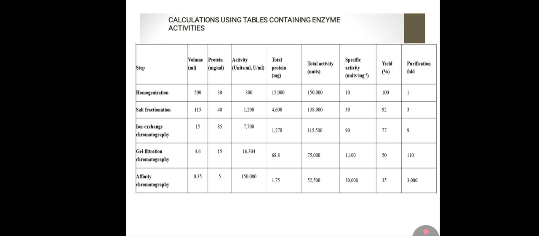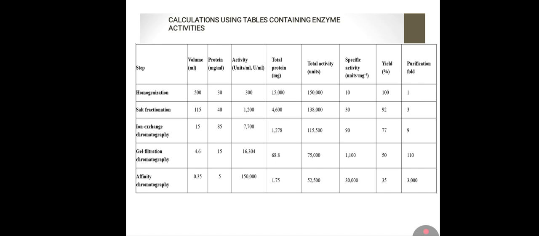We have the homogenization, the salt fractionation, the ion exchange chromatography, the gel filtration, and the affinity chromatography. I want you to take a closer look at the homogenization, and then we will look at the affinity chromatography, so that with that you can solve the ones in between.